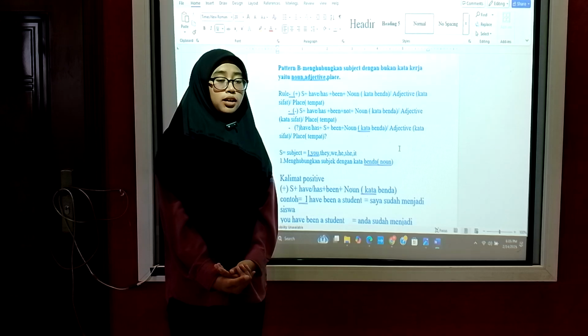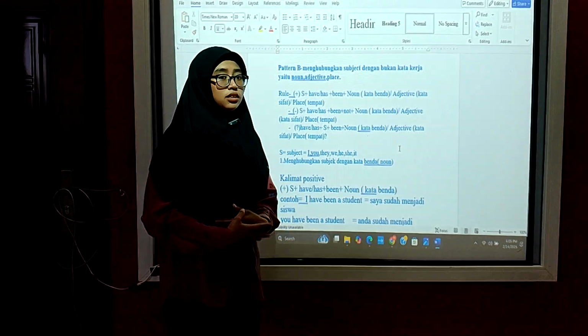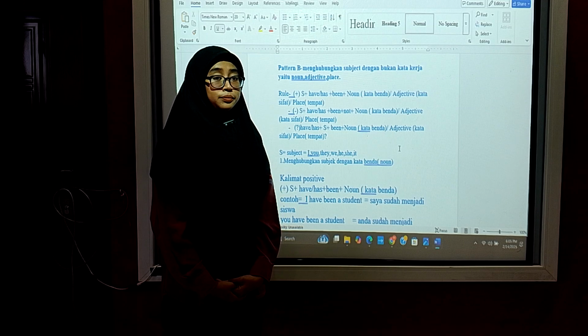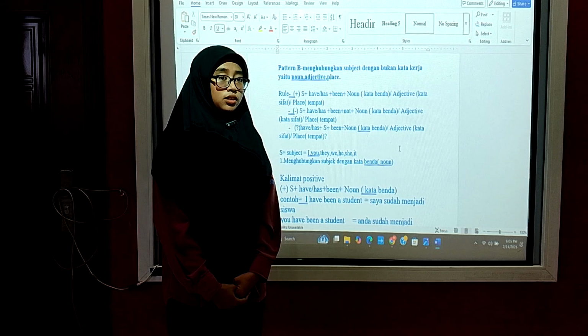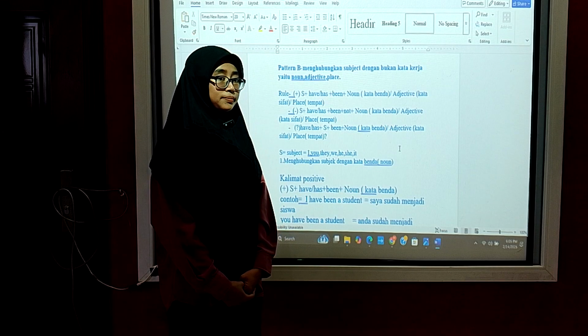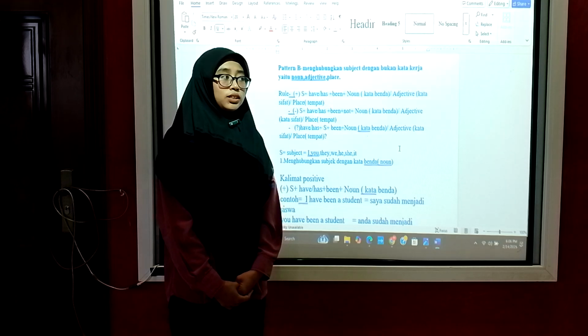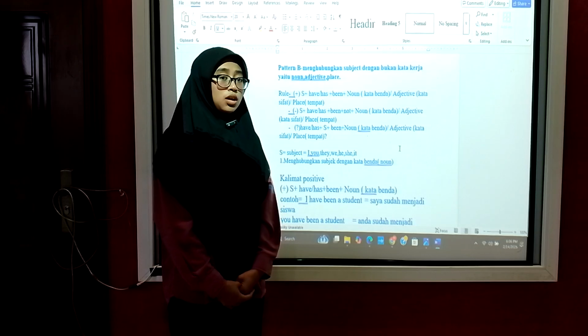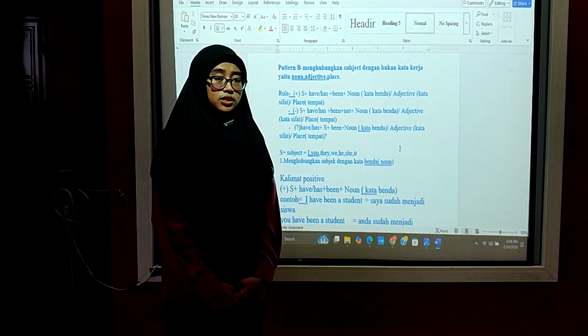So I tell them that been means "menjadi" in this pattern B plus noun. So if I say "I have been a doctor," this one is "telah menjadi." So been here means "menjadi," but have or has means "telah."